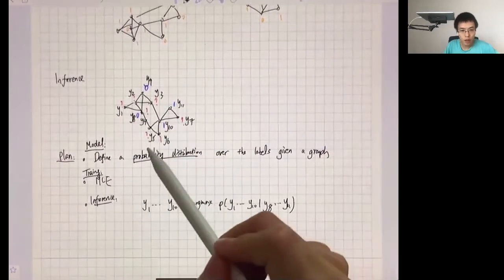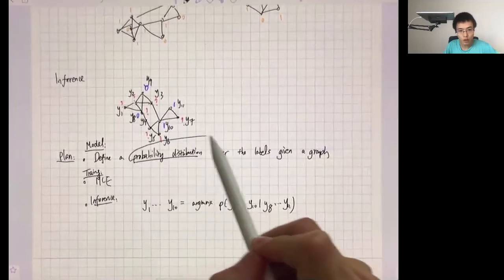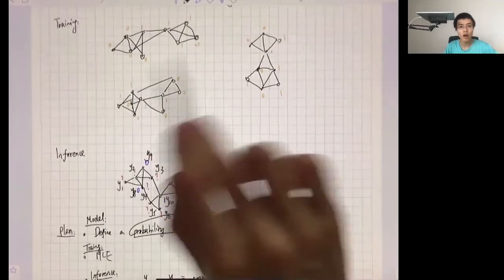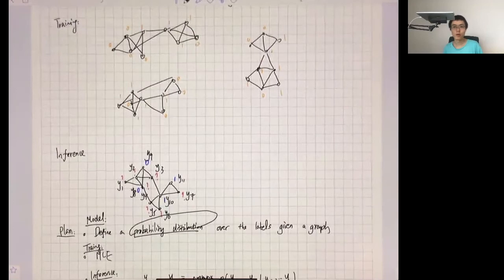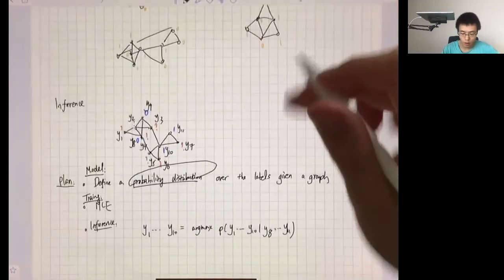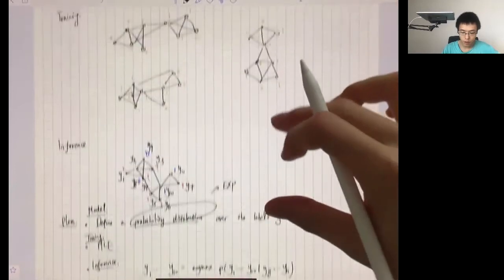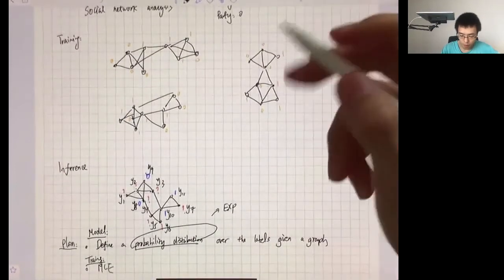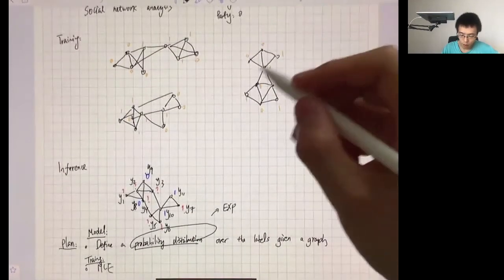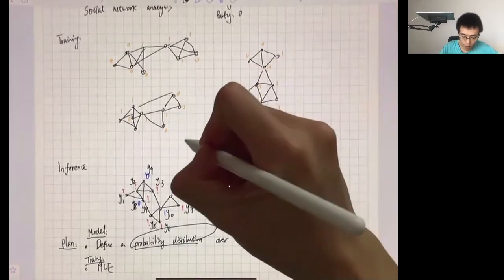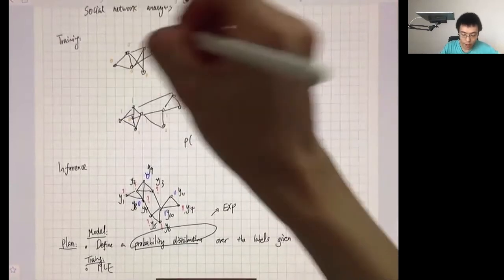So how can I model a probability distribution over the labels over a graph? What I suggest is the exponential family. So I can write it here. The exponential family says P of these y's, I can call it y.